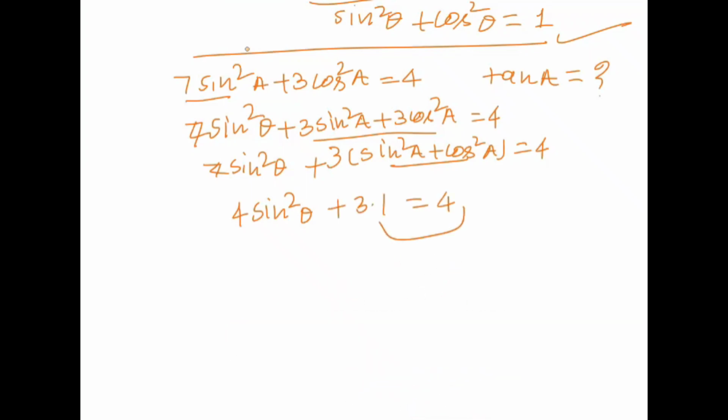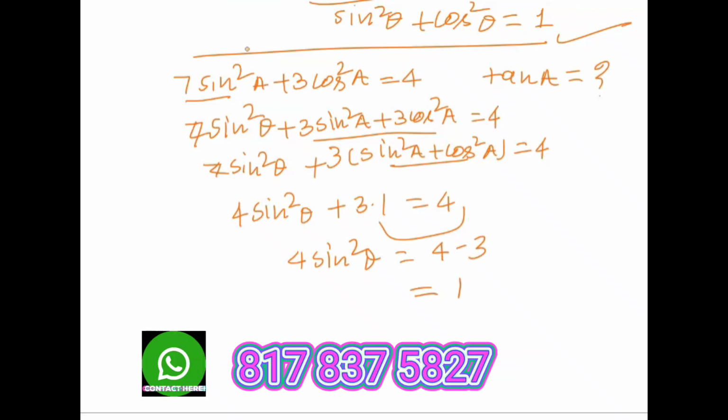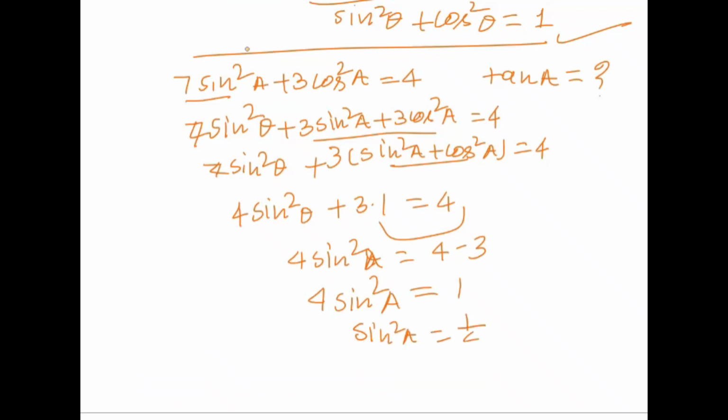Now 3 is transposed to this side, so 4 sin square A equals 4 minus 3, which is 1. So 4 sin square A, this is the A part. So sin square A equal to 1 by 4. So sin A equal to 1 by 2. Okay, sin A equal to 1 by 2.